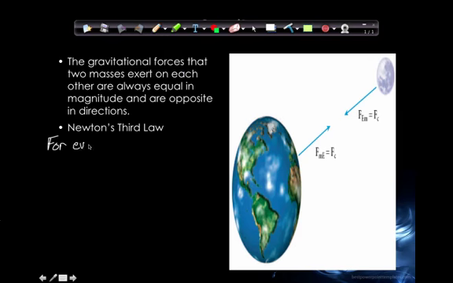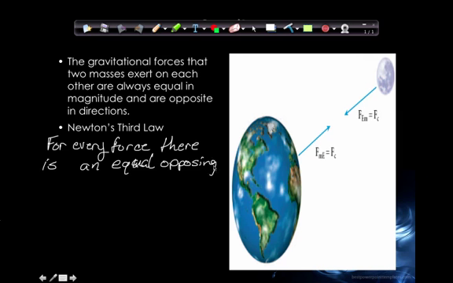So if you decide to hit a table with your fist, the force that you exert on the table is going to be equal to the force the table exerts back on your hand.